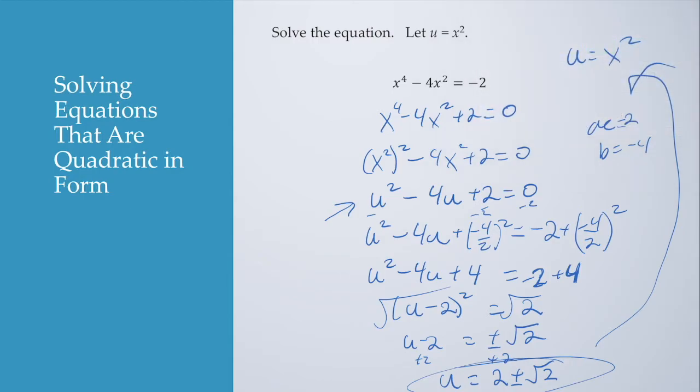So let's switch to green so I can write it over here: x squared is 2 plus or minus the square root. We take the square root of both sides, which we can do, and I get x equals plus or minus the square root of 2 plus or minus the square root. This may look really odd, this double square root, but I promise you it is mathematically legal. So your answer is complete.